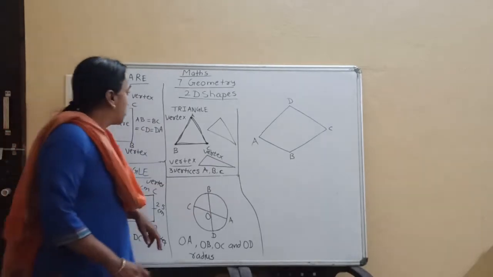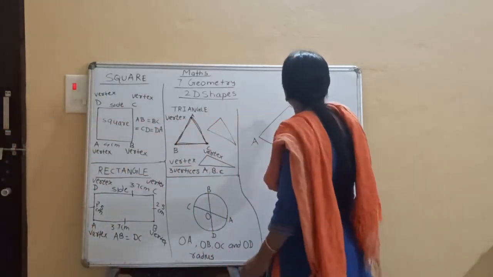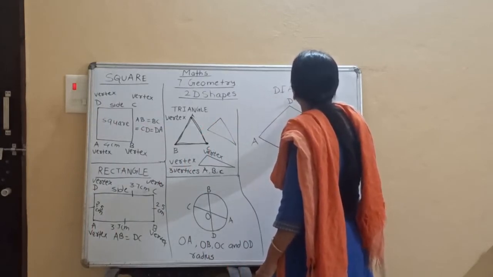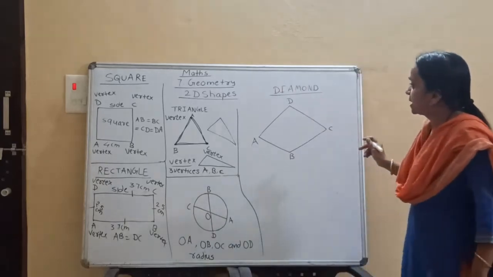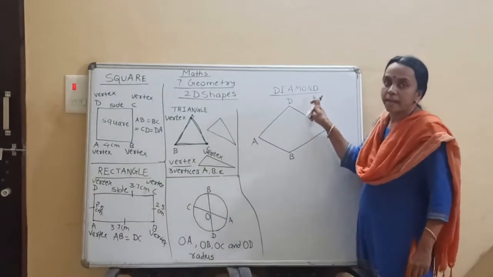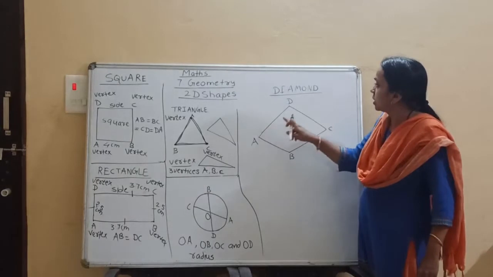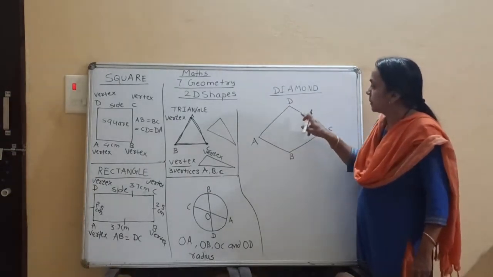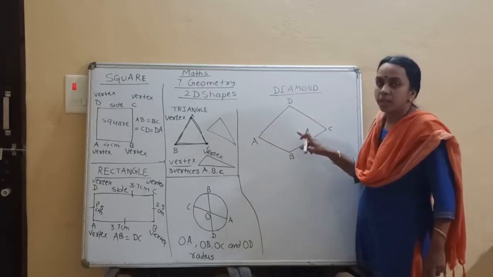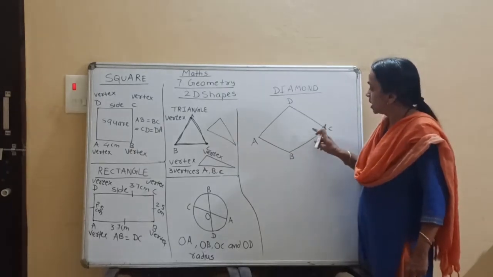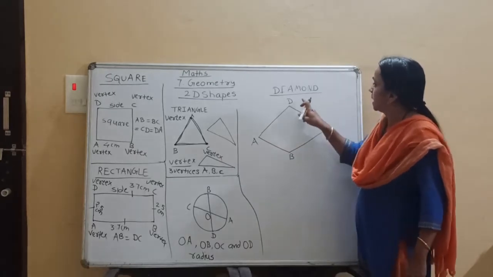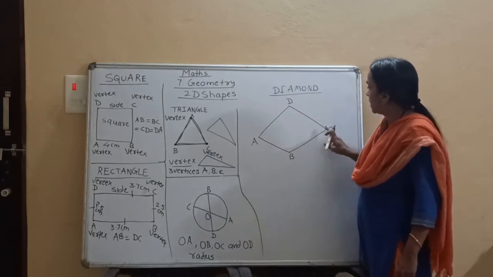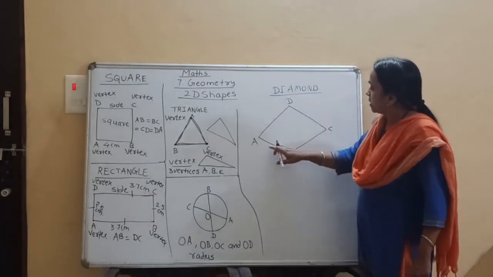Now the fifth one is called a diamond. The name of this fifth two-dimensional shape is diamond. A diamond has four sides. It is not compulsory that each and every side should be of the same length. The name of this diamond is diamond ABCD.